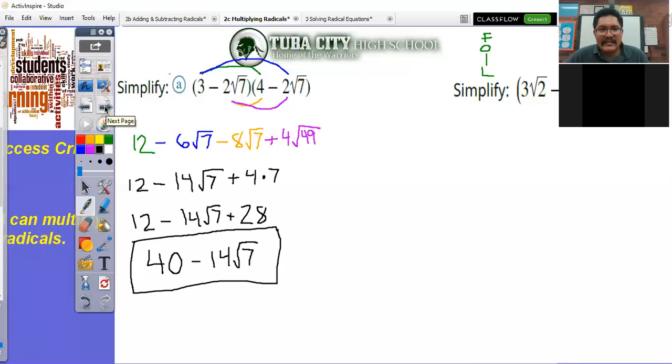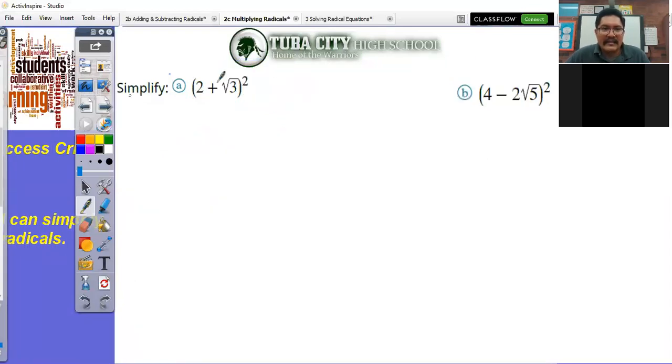And the only thing I'm going to say about that one is with the square, what that means is since the square is on the outside of the parenthesis, it means I have two of those things.